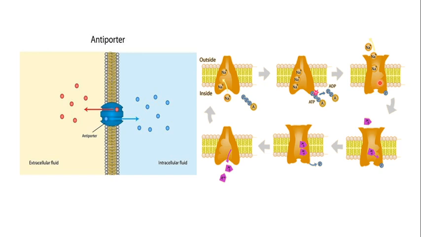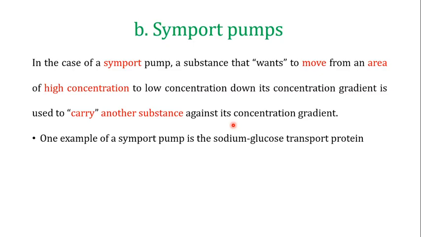But because of the binding of the phosphate group, it changes shape, potassium binds to the active site of the pump, and the potassium moves inside the cell. So this is one example of active transport in which you use the energy of ATP to drive movement against the concentration gradient.